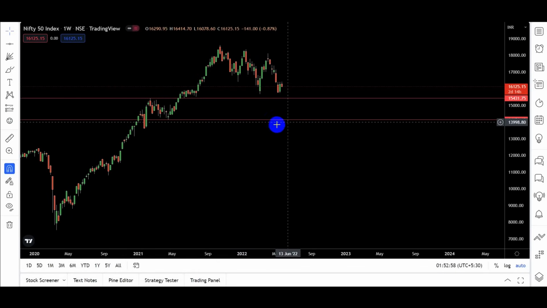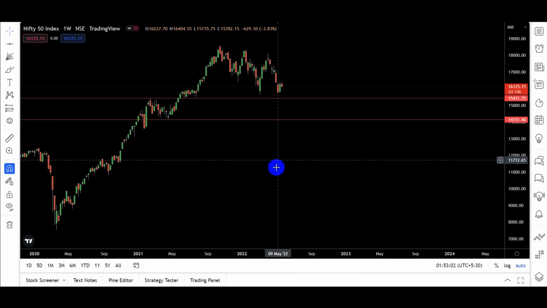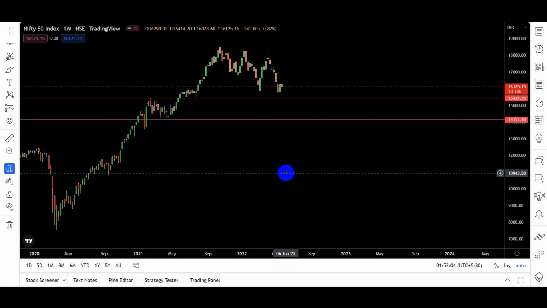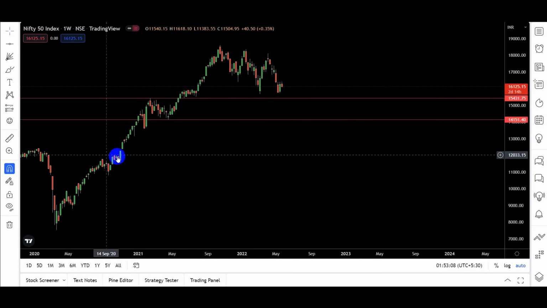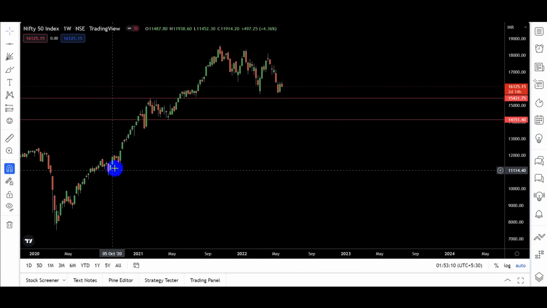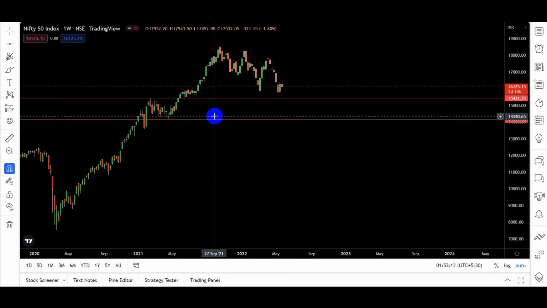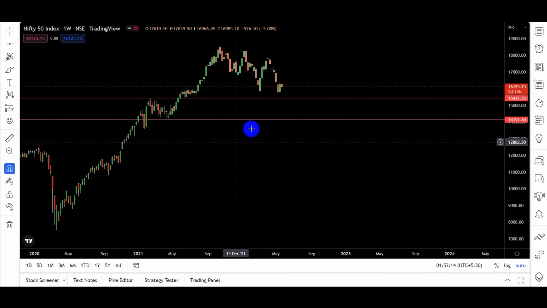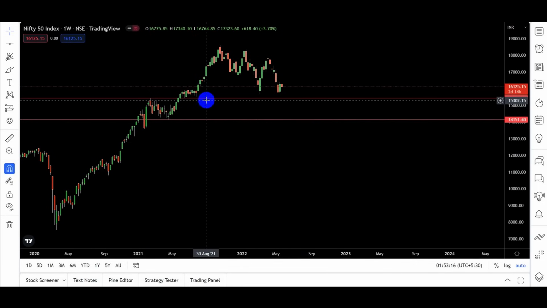Even if it didn't hold there, it will again go to this place around 12,000 to maybe 10,900 something, around this region. That is where the price actually started, so it's most likely to hold here or here. These are the very important levels, 3 levels.